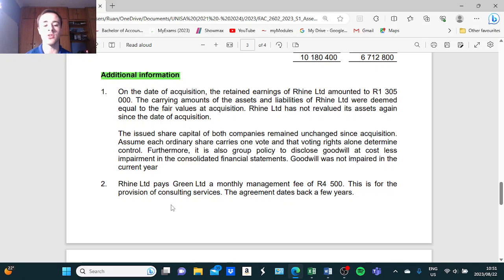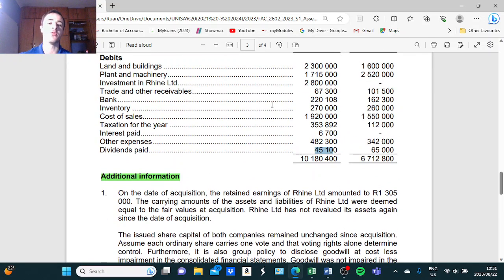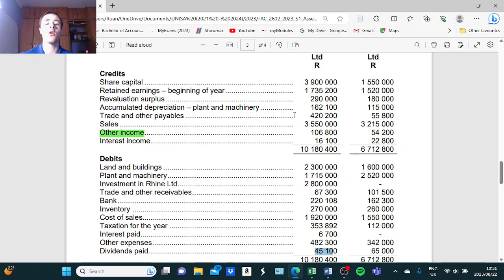Very important that you notice that Ryan Limited is the one that pays the management fees and Green Limited receives the management fees. Again, in the absence of information that states otherwise, you may assume that the intergroup management fees received from Ryan Limited were recorded in other income in Green Limited's records, because those are the only income items that we have for Green Limited.